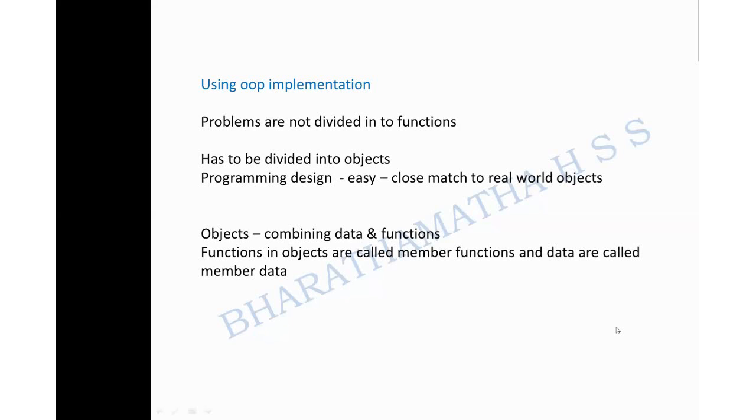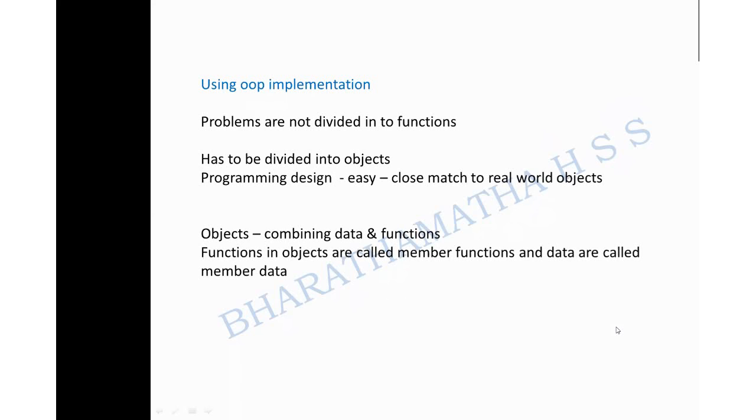So next is objects combining data and functions. What we have seen in the student example and in the teacher example is that the data and functions are combined together, known as your objects. Functions in objects are called member functions and the data are called member data. Generally we call them member functions and member data, because we have learned what a function is and how a function works in our 11th standard.